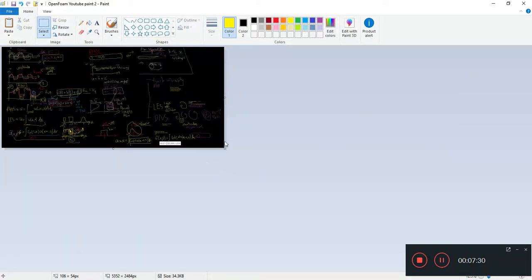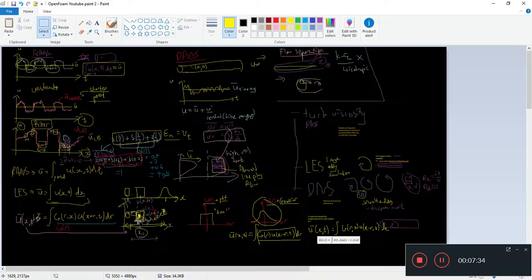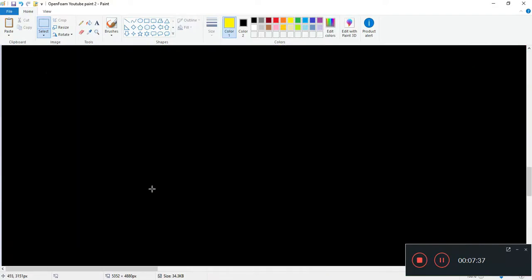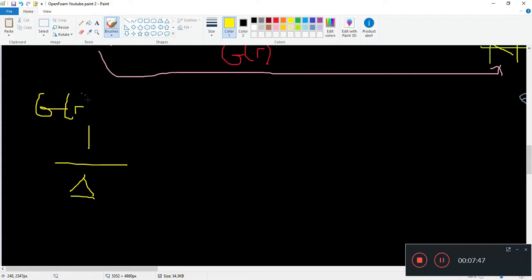Oh man, this is so messy. Okay, never mind. The box function is like this. We have G of R, and this is independent of x, so I just write G of R, not G of R and x.